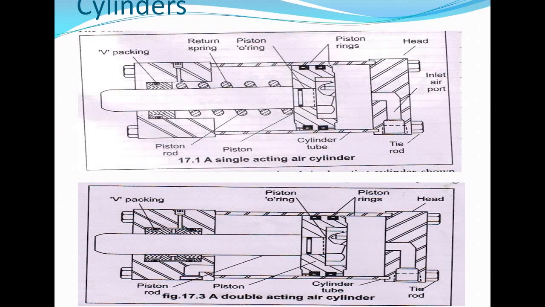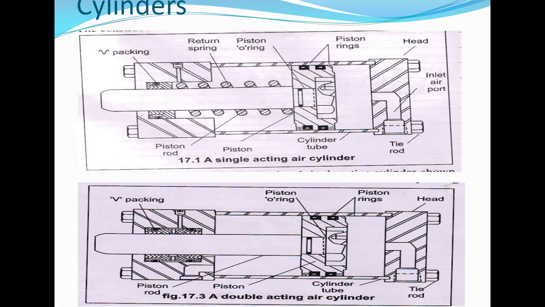Then the next part is pneumatic cylinders. There are two types of cylinder, that is single acting air cylinder and double acting air cylinder. Let us see the single acting air cylinder first.